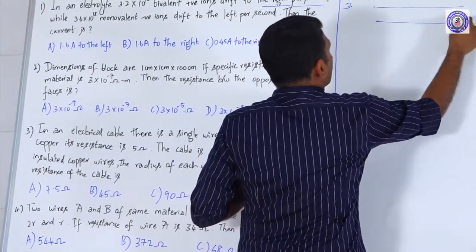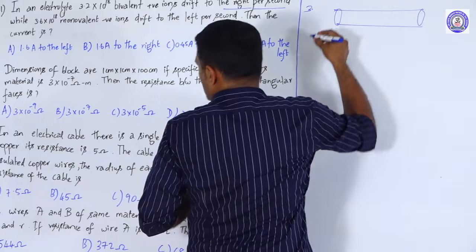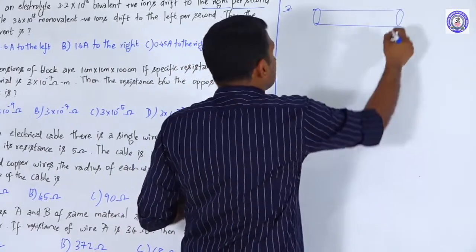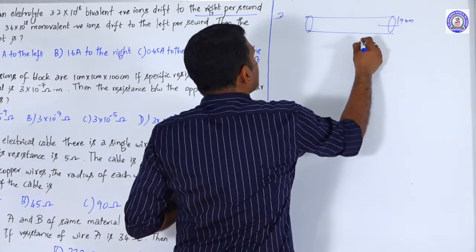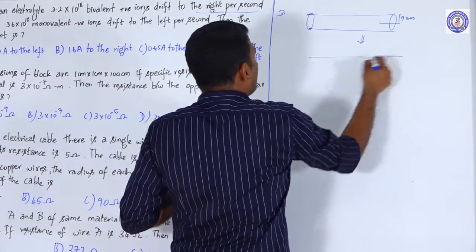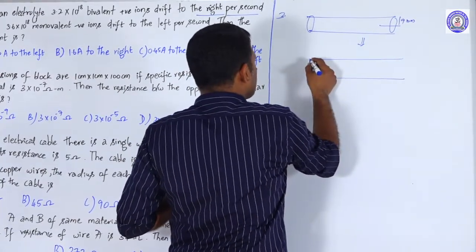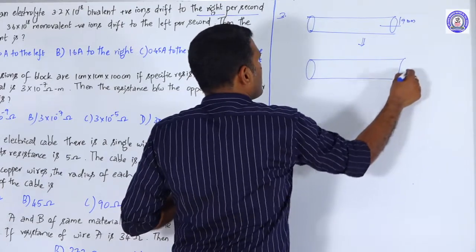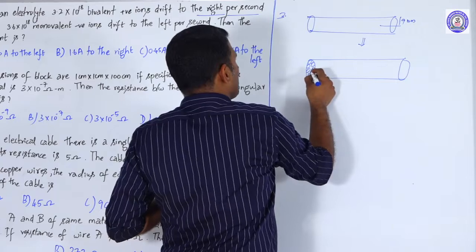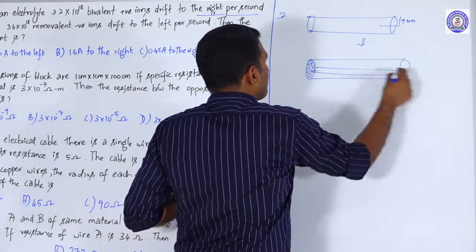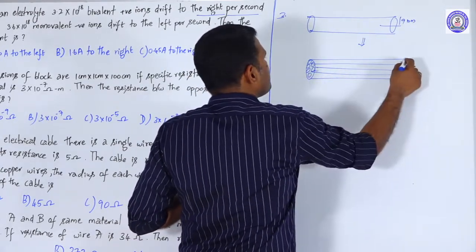A cable whose radius is 9 millimeter is replaced by another cable which is made of 6 wires. 1, 2, 3, 4, 5, 6 wires, like this.